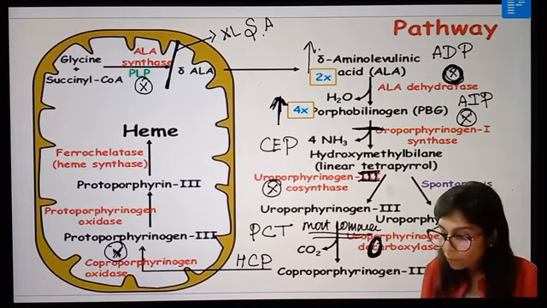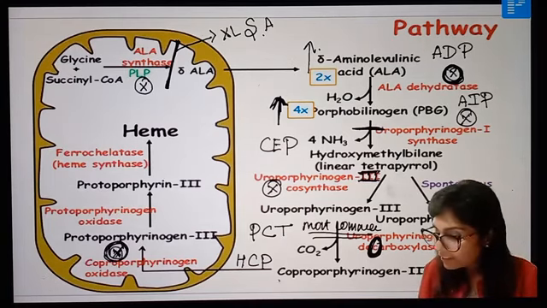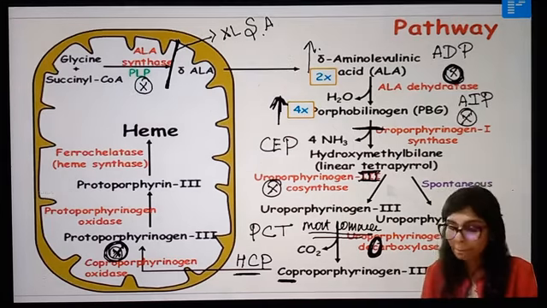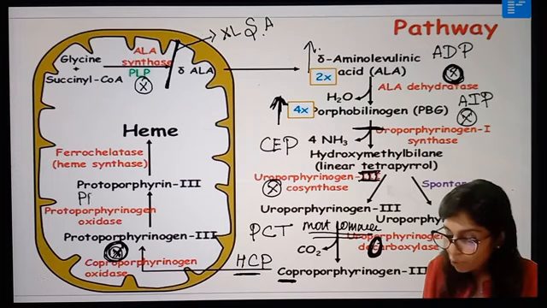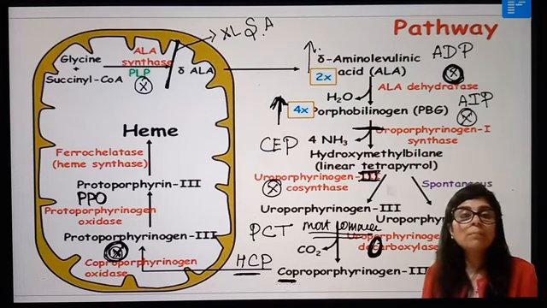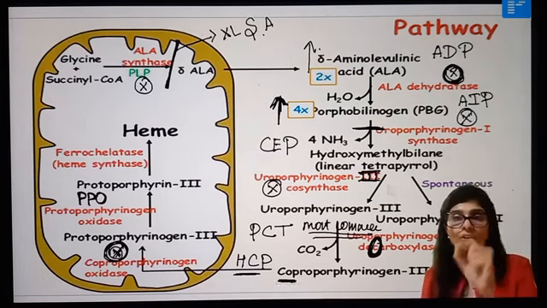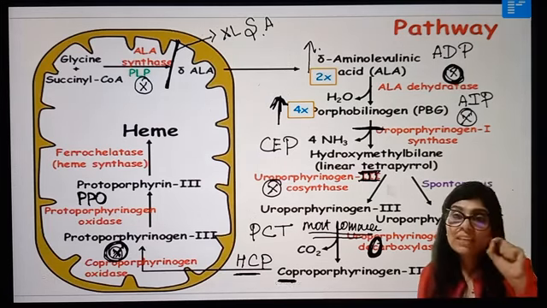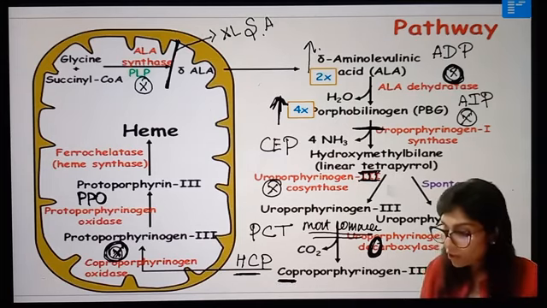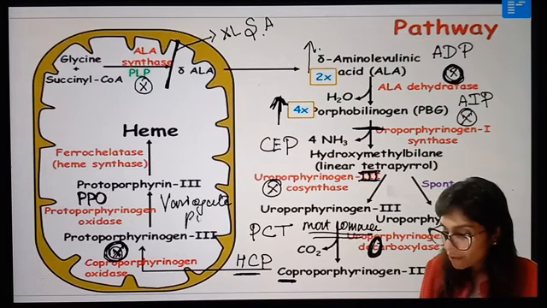When coproporphyrinogen oxidase is defective, logically what will you call it? Hereditary coproporphyria. When protoporphyrinogen oxidase is defective, do you see various P's in the name? Protoporphyrinogen oxidase. In the name you see various P's. The defect causes variegate porphyria.